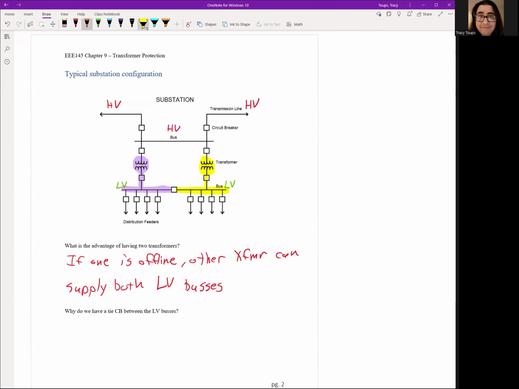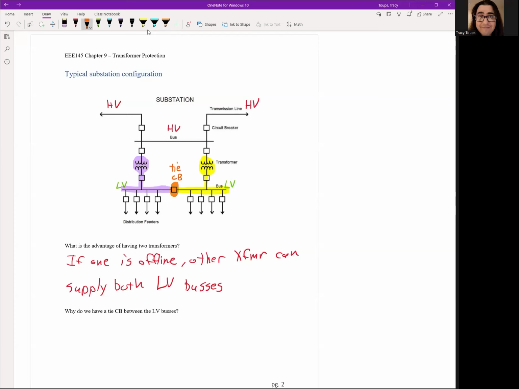Now, if for some reason a transformer is out, we want to get the customers back on as fast as possible. So we have something called a tie circuit breaker, which is this piece right here. This is called a tie CB. A tie is just there to tie together 2 separate buses.